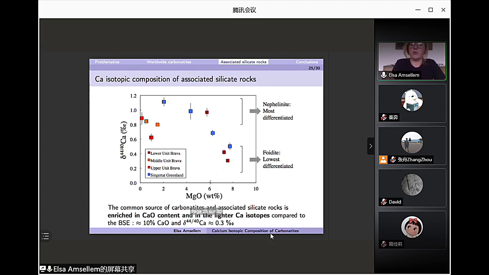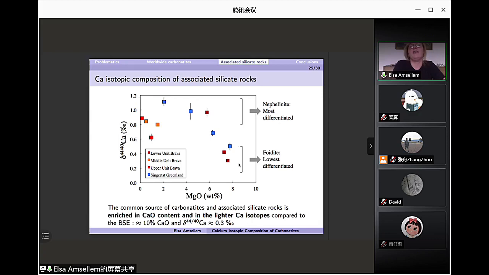But here we can see it a bit better with the MgO content, which reflects differentiation process. And what we can see is that the lowest differentiated silicate rocks, which are fluorite, for example, have a calcium isotopic composition which is close to the carbonatites, while the more differentiated associated silicate rocks have heavier isotopic composition.